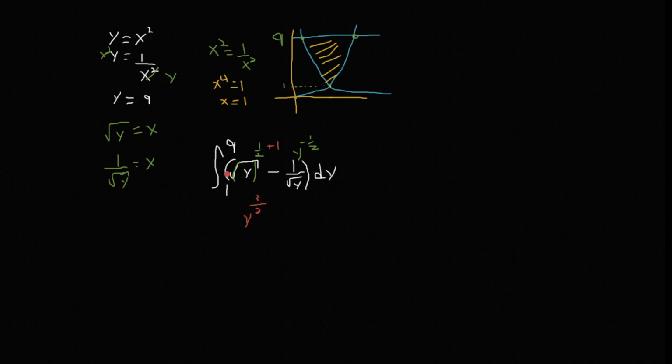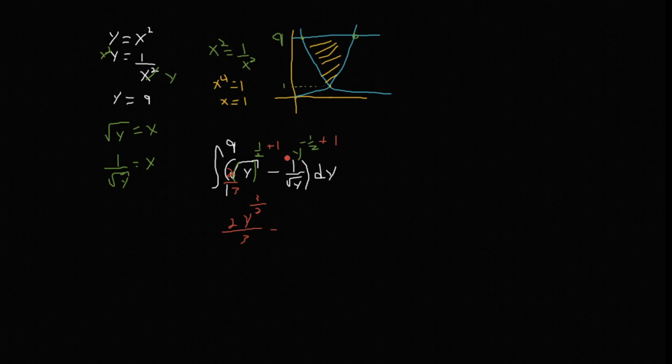Now we have to divide by that exponent. So divide by 3 halves, or multiply by 2/3. And then we're going to subtract, and then we're going to add 1 to this exponent, and then divide by the new exponent. So this new exponent is positive 1/2.